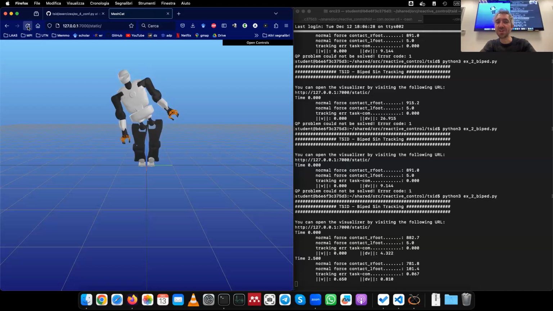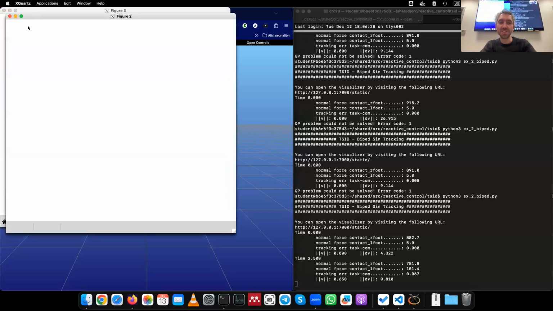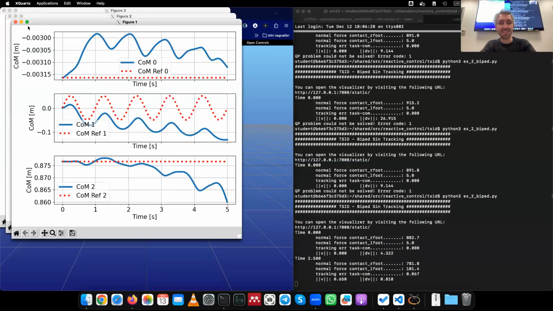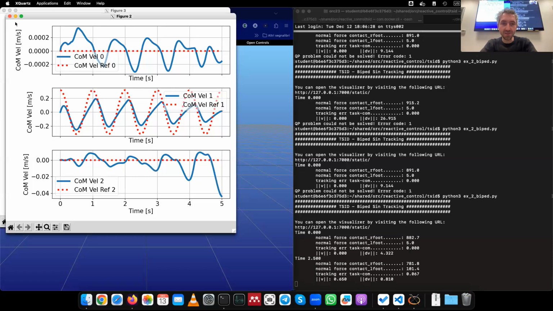Yeah, I don't know how long it's going to last, but maybe enough to finish the simulation. Okay, so we can see that it wouldn't last much longer because it's slowly diverging, but slowly enough that it doesn't fall down in 5 seconds.